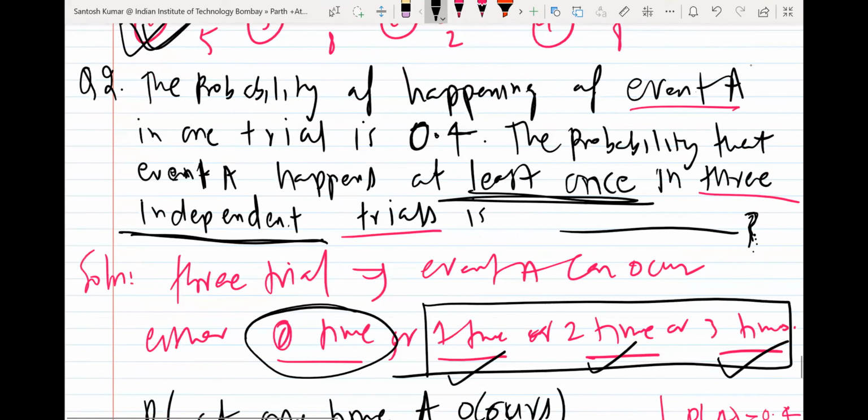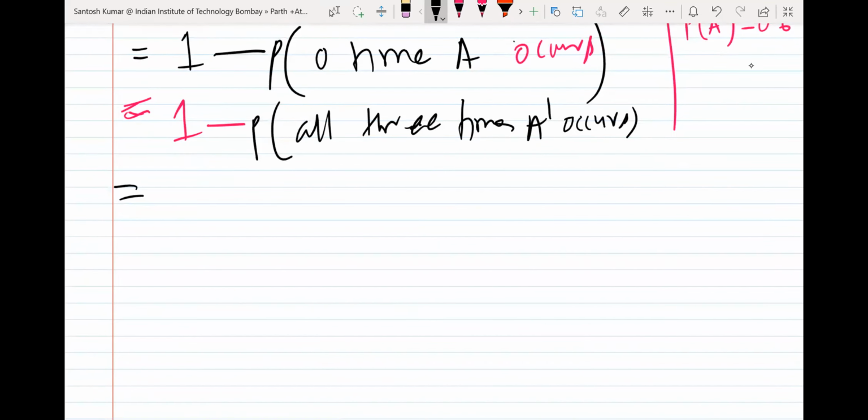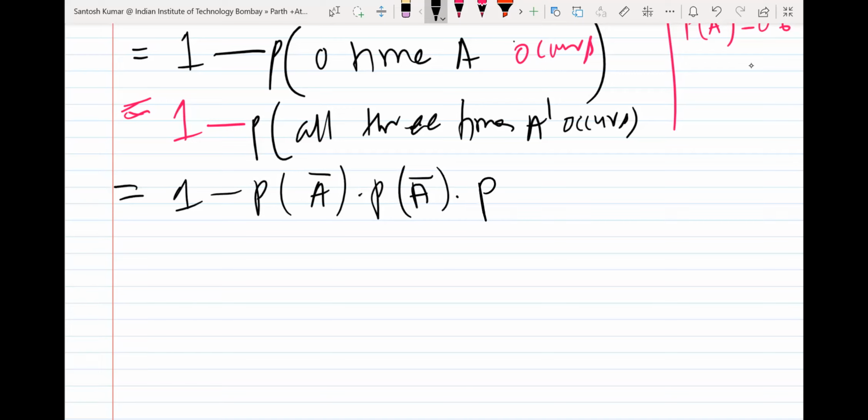So independent means the first time A complement happens, the second time A complement happens, the third time A complement happens. I'm writing first trial, second trial, third trial. All the trials are independent.